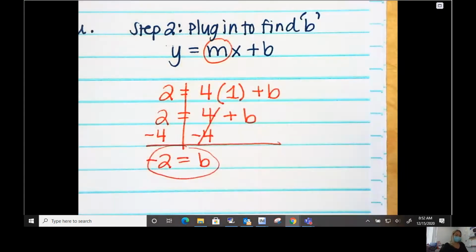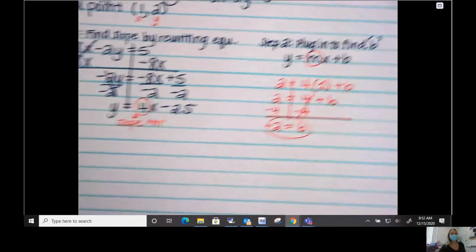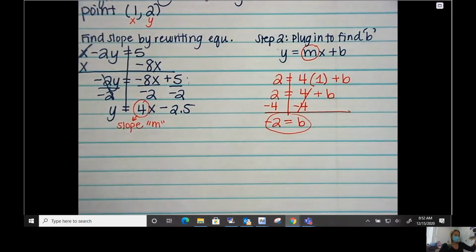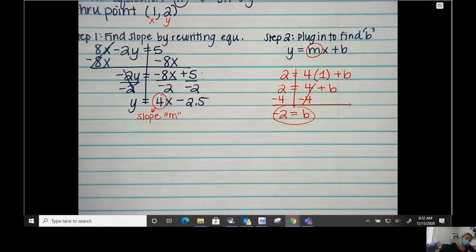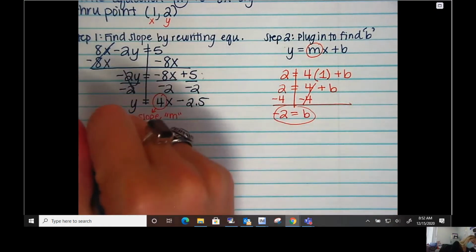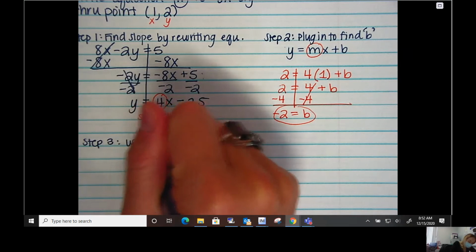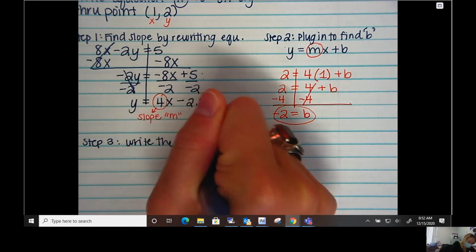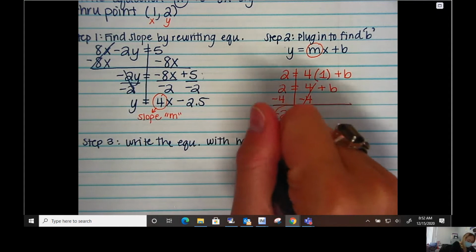Now the final step, because the question asked me to write an equation. So we found the slope. We found my b value. My step 3 is to write the equation with my m and b.